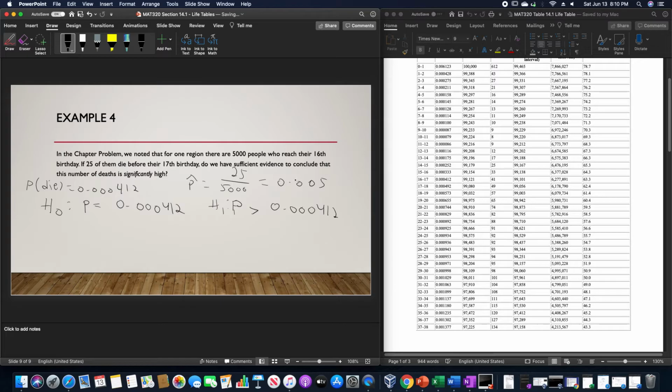If we go about actually computing that, we would obtain our z-test statistic of 15.99, and the p-value that we get for this would be 0. So because of this, we are rejecting the null hypothesis.